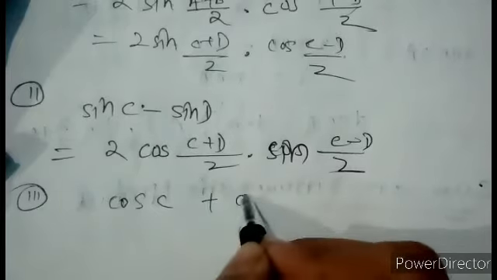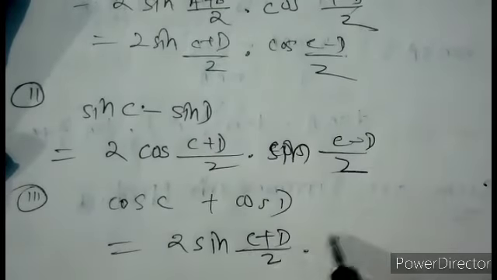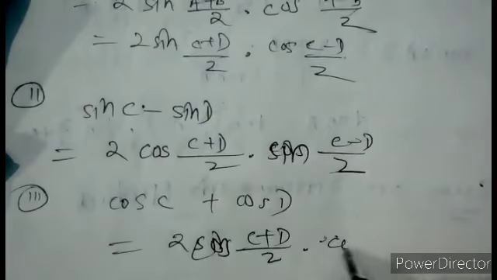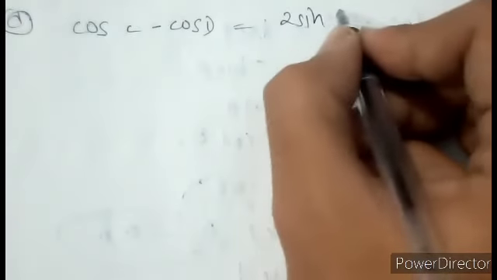The third formula is cos C plus cos D, which is equal to 2 cos((C + D)/2) multiplied with cos((C − D)/2). Then the last one is cos C minus cos D, which is equal to minus 2 sin((C + D)/2) multiplied with sin((C − D)/2).